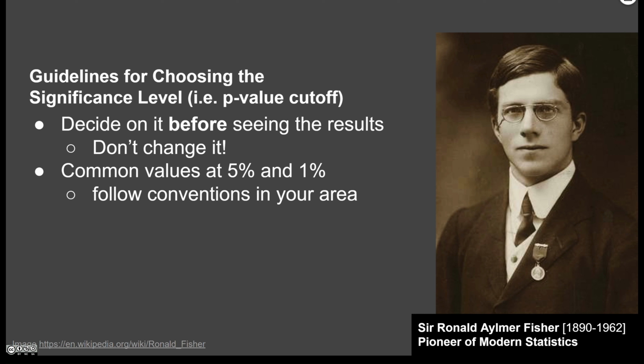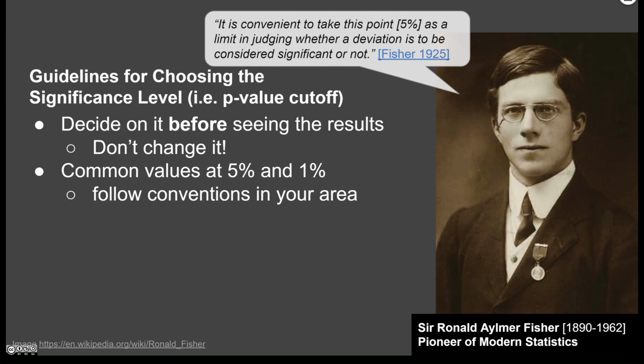The history behind this: this whole framework of hypothesis testing in this frequentist viewpoint was pioneered by the statistician Fisher. Some of his guidelines on this topic really said, okay, I'm just going to choose 5%. That seems like a reasonable cutoff for me.